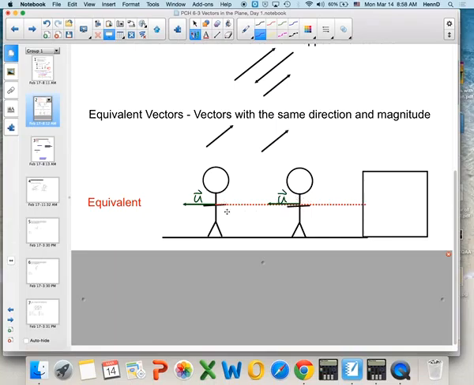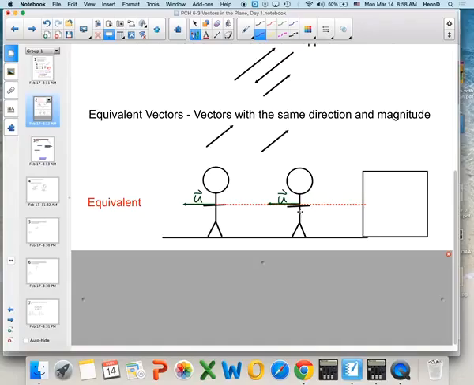All right, so they're pulling on this, and they are of equal strength, so they're working together, which means they're pulling in the same direction, directly away from the box. Okay? And since they have the same amount of strength, they're pulling with the same magnitude or the same amount of force. So these two are equivalent vectors. Okay?